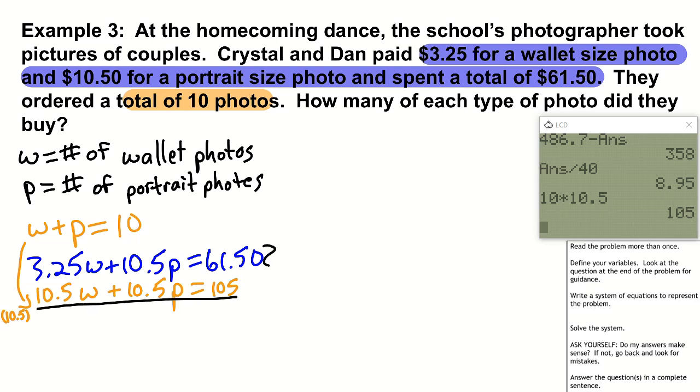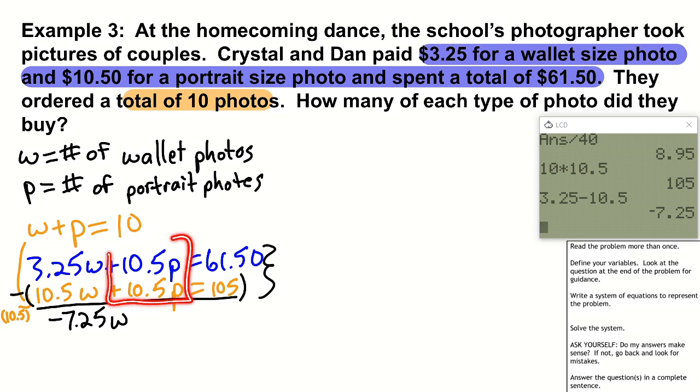Notice that now we need to subtract because we have two positives here. So we're going to do 3.25 minus 10.5, and that will give us negative 7.25 W. This will make a 0. And then we do 61.5 minus 105.